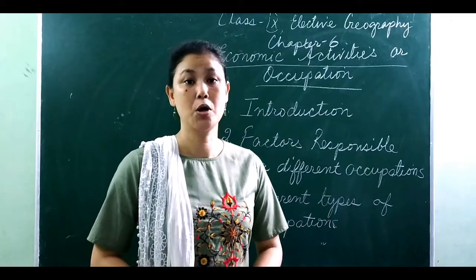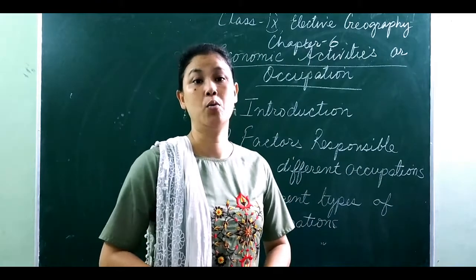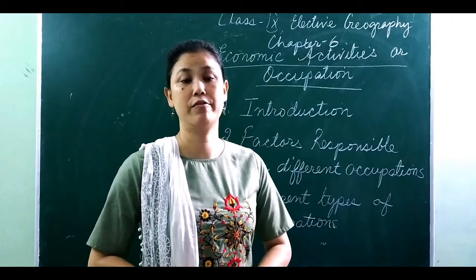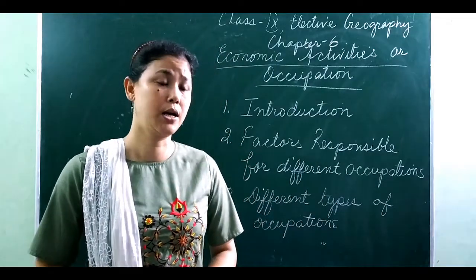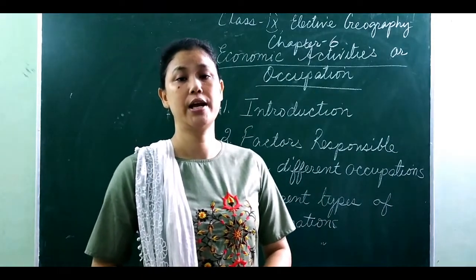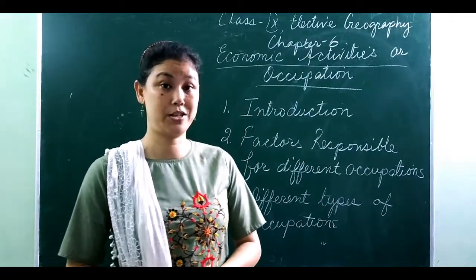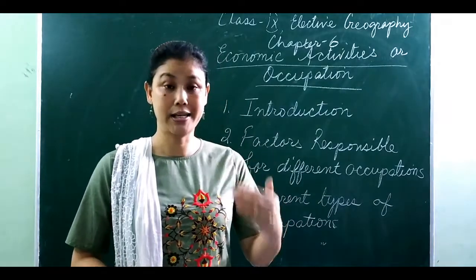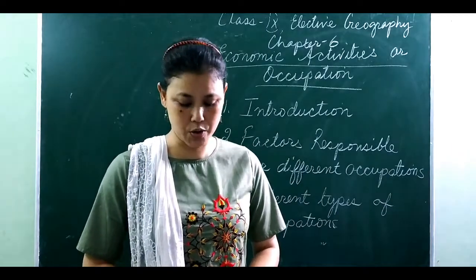Depending again on the place and the economic system of that region, a workforce may be involved in more than one occupation, can be involved in different occupations. So these 4 broad groups are, again, to repeat, primary, secondary, tertiary, and quaternary occupations. These are the 4 different groups into which occupation is divided. What is occupation? To repeat again, it is that activity that is performed by people to earn their livelihood.